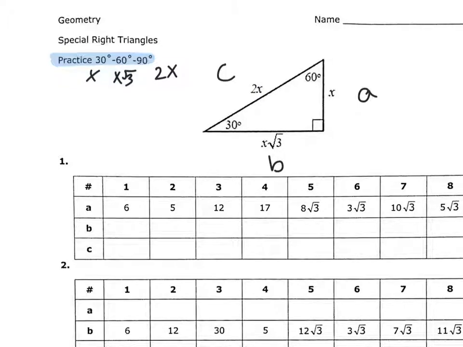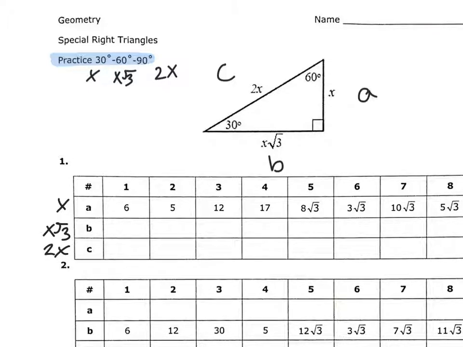Okay, so what I'm going to do is I'm going to go ahead and label my A here as X off to the side of my first problem set. My B is going to be X square root of 3, and my C is going to be 2X.